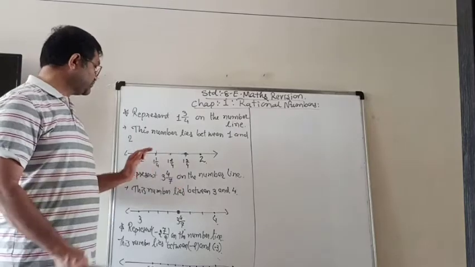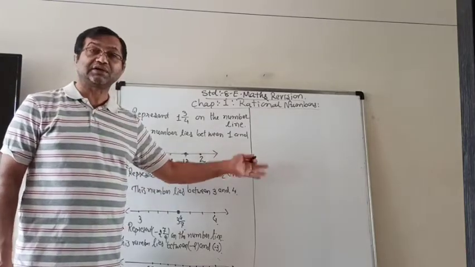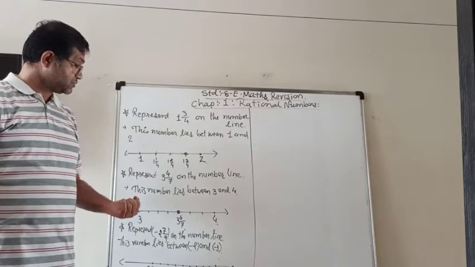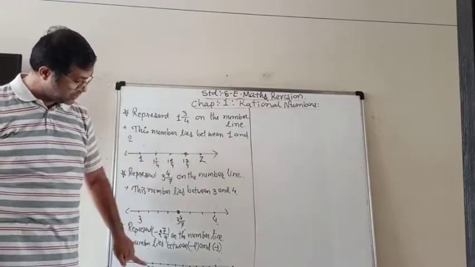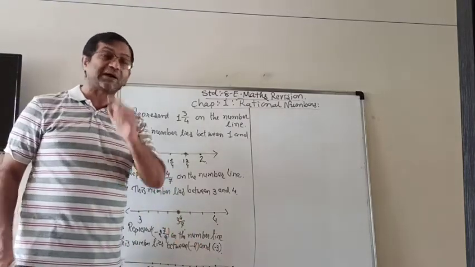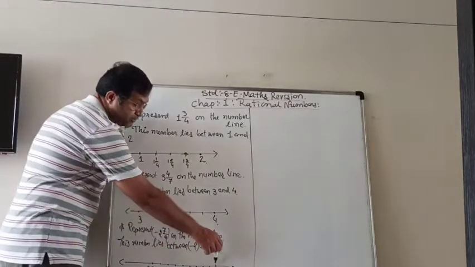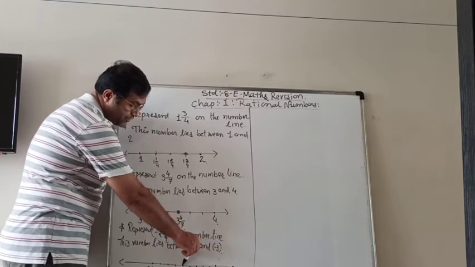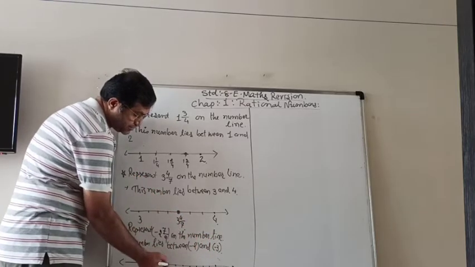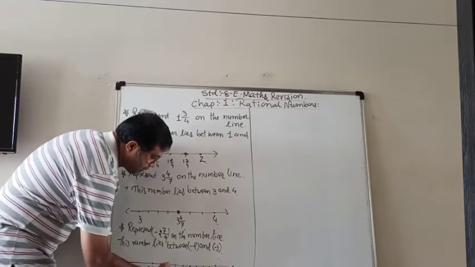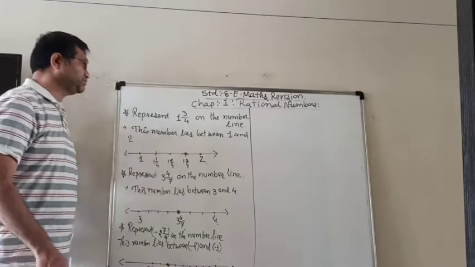And whatever you did from left to right here, in negative numbers we have to do from right to left. So how many parts we have to take? 7 parts. But don't count from here because we are starting from minus 2. So leave the minus 2, then first, second, third, fourth, fifth, sixth and seventh. Because it is 7 here. So that number is minus 2 integer 7 upon 9.